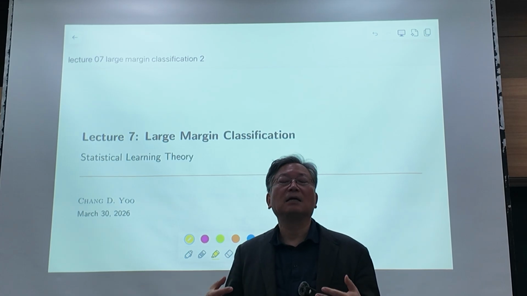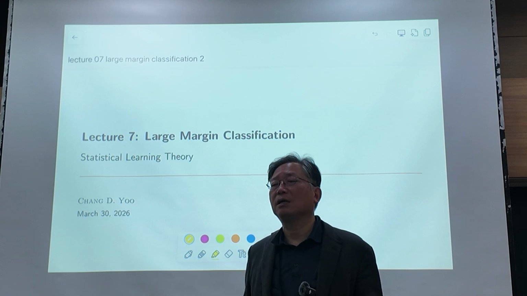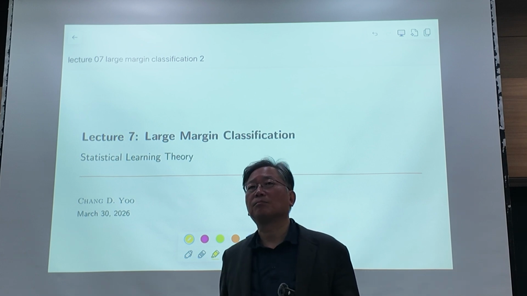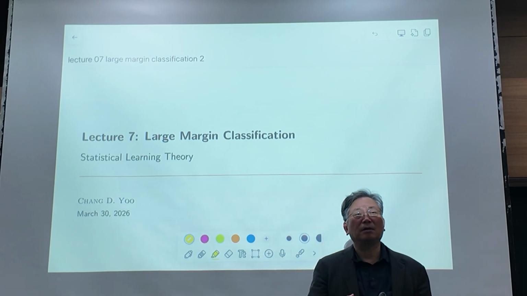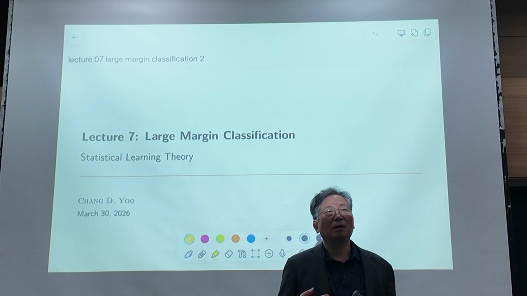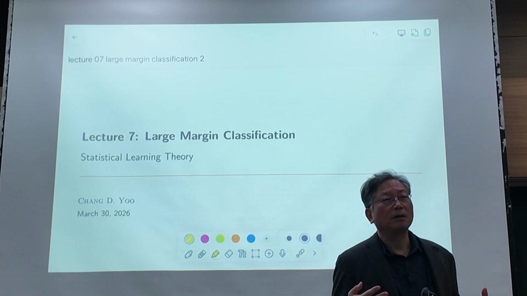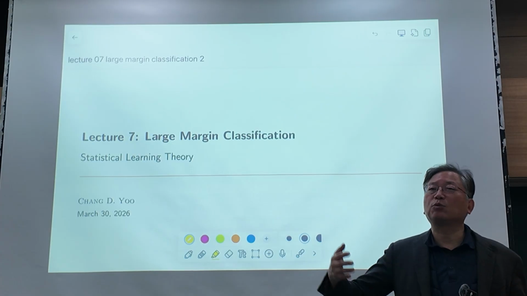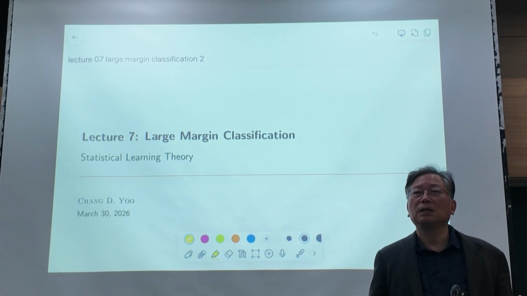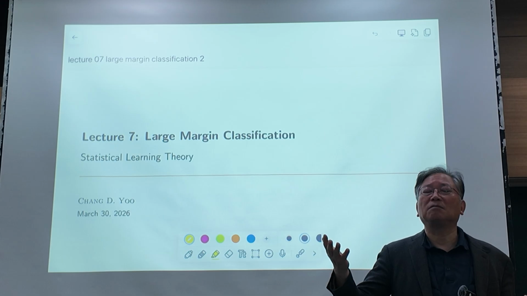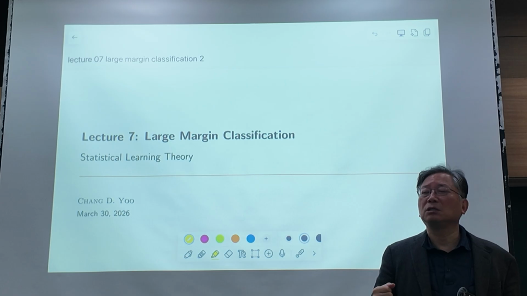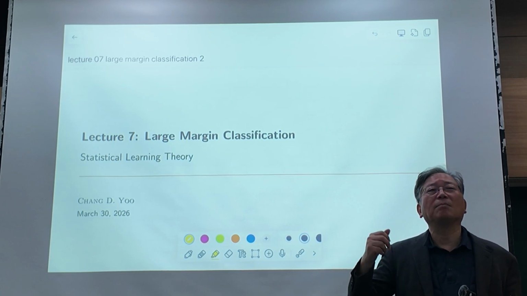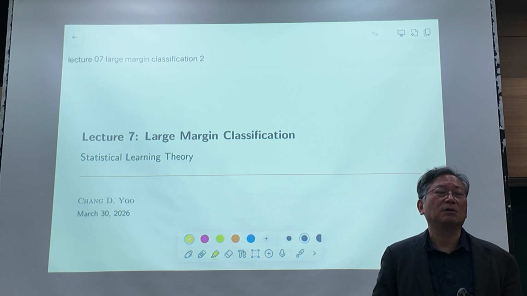And that follows from the VC theory. We proved that the test error is bounded above by the training error plus the square root of this term, which was a function of the growth function. And the growth function can be upper bounded by the VC dimension also.